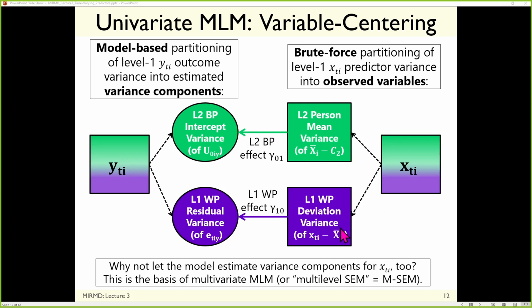Within-person level 1 x is meant to represent the level 1 residual variance of x. Towards the end of this lecture, we will turn these into circles instead. Then we will have done what I call multivariate multilevel, because now we have two different outcomes whose variances are being partitioned, and what the rest of the world calls multilevel structural equation modeling.